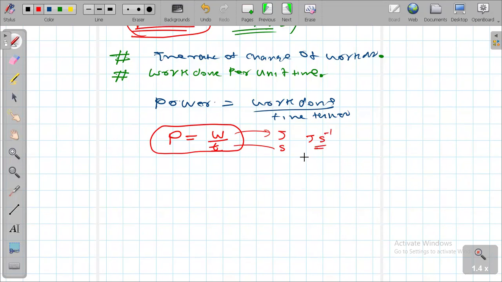Or in other terms, kg m squared s minus 3. For these two, we can use an abbreviated unit, the watt, named after James Watt. Right. I hope you understand this.